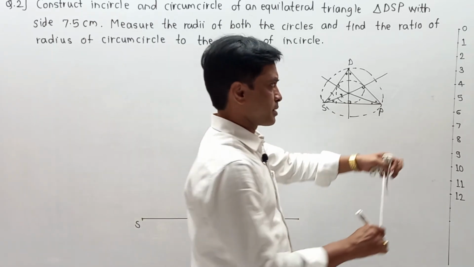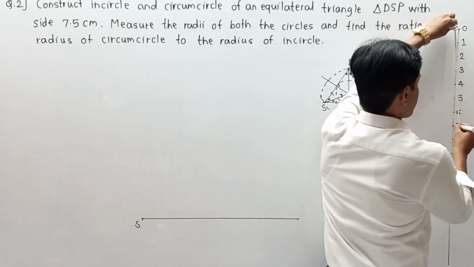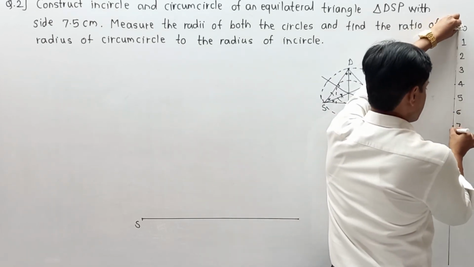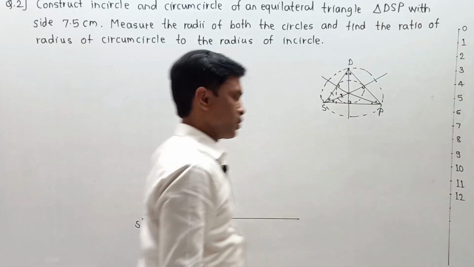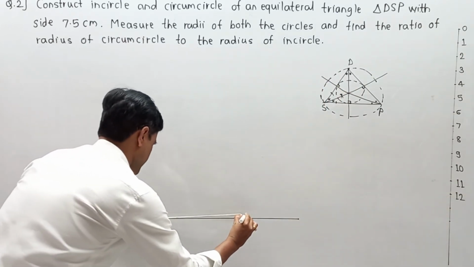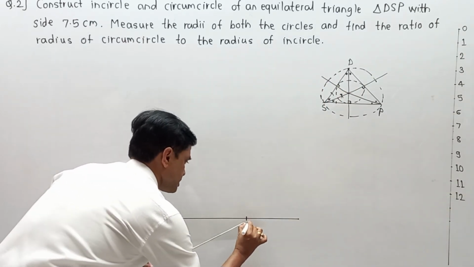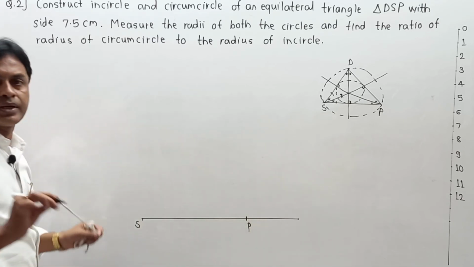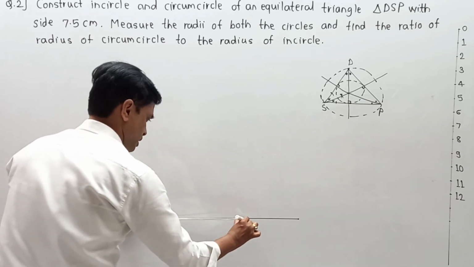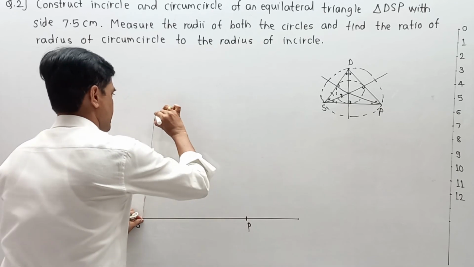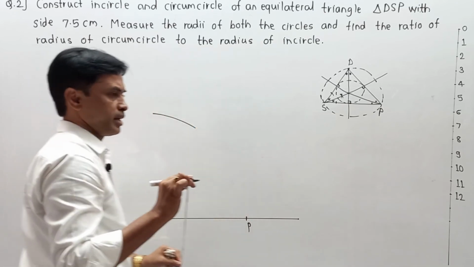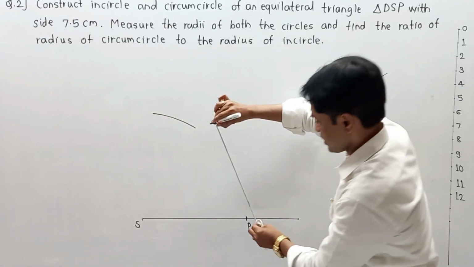So from S to P, this distance is 7.5. Taking the same distance over here, I want to make one mark upstairs, and from point P, a second mark over here.